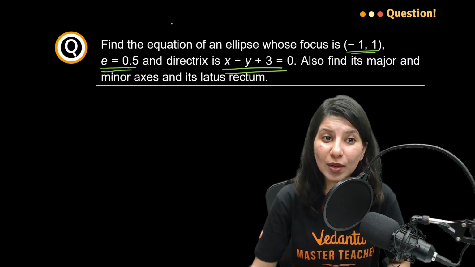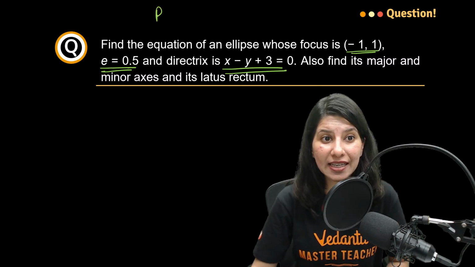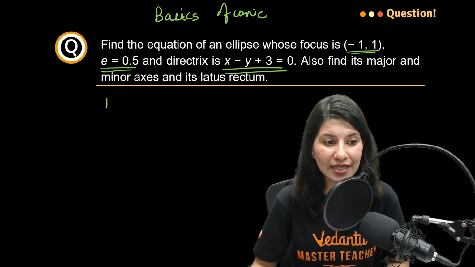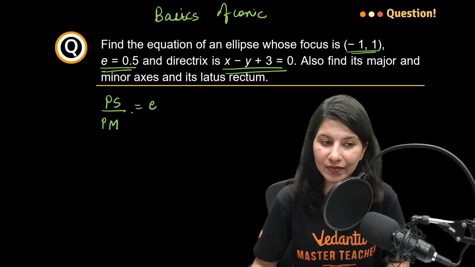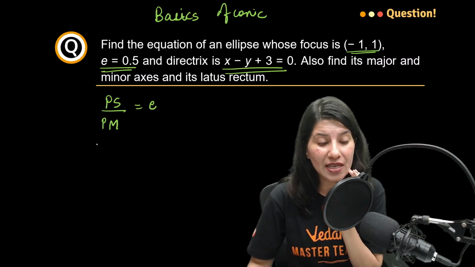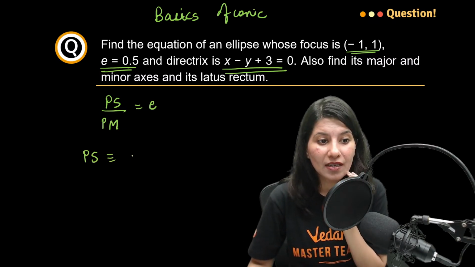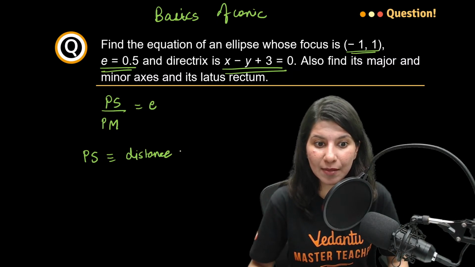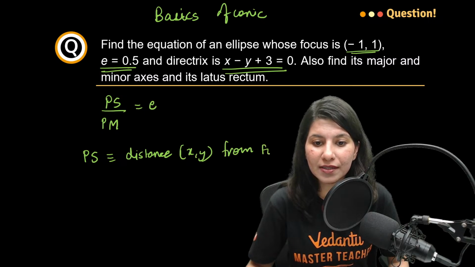So here we need to understand that the basics of conic will be applicable. Basics of conic definition says PS upon PM is equal to eccentricity, where S is the fixed point, M is the directrix basically. PS is the distance of the moving point x, y from the focus.